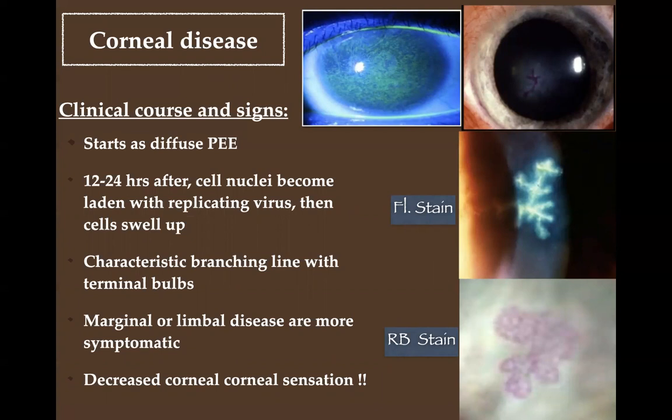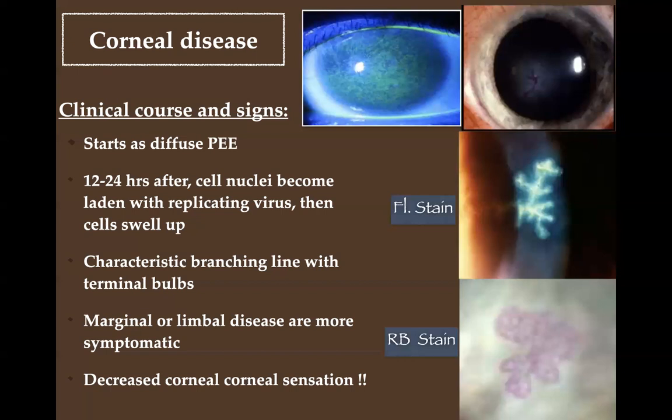In the middle, the fluorescein stain, and in the bottom, the photo shows the rose Bengal stain for the classic dendrite, staining the branches, the lines, the core of the dendrite, and also the terminal bulbs of the dendrites, staining the virus-laden cells. Characteristic branching line with terminal bulbs. This is the characteristic dendrite of viral keratitis.